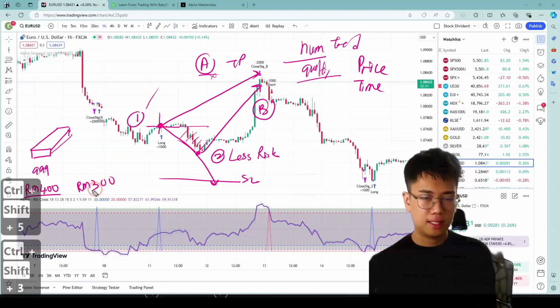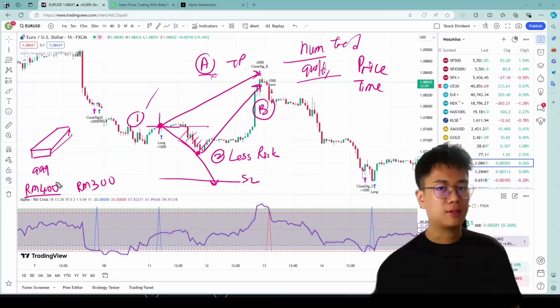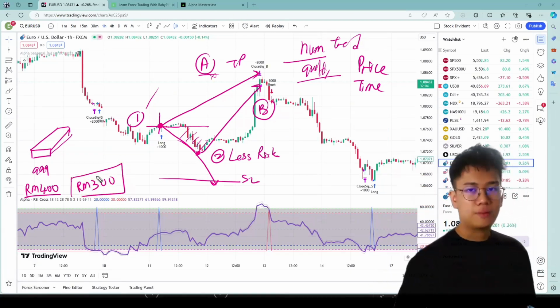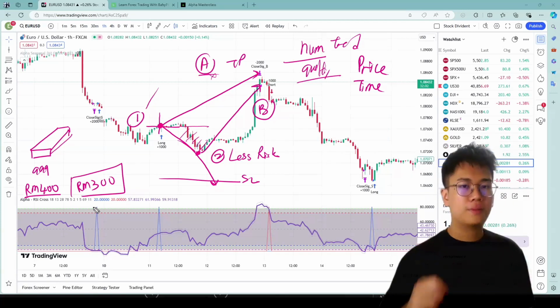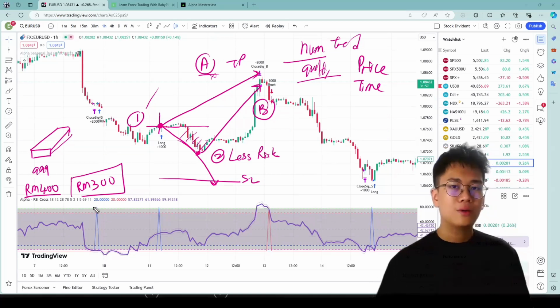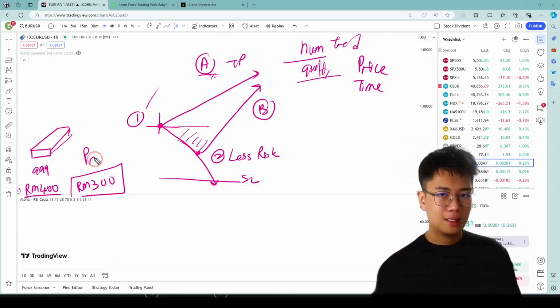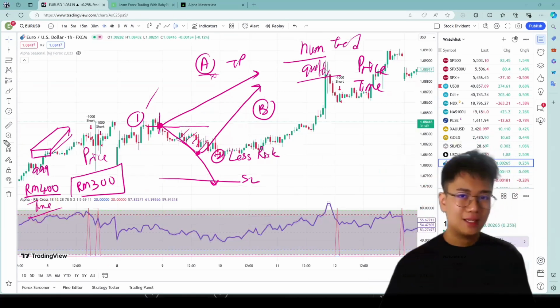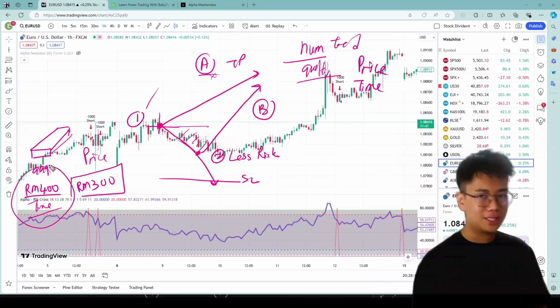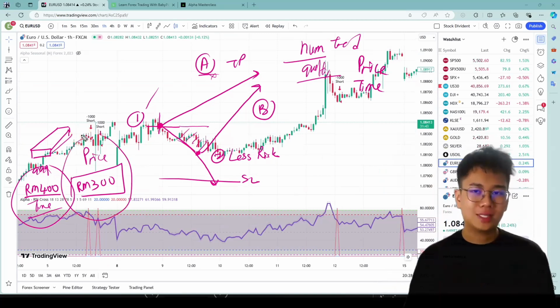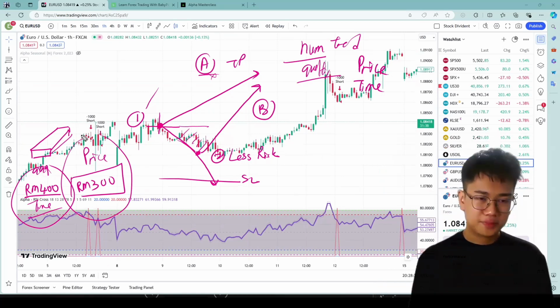But if you're late, I will be selling you back at 400. So my question is, would you buy the gold because it is 300? Or will you buy the gold because right now gold is in an uptrend? Would you buy the price or would you buy the time? Like, the gold market is going up, it's the right time to buy, so you buy at 400. Or you will buy at the right price. I don't care if it's uptrend or downtrend. Now it's cheaper, then we buy. It's cheaper than the market, then you buy.